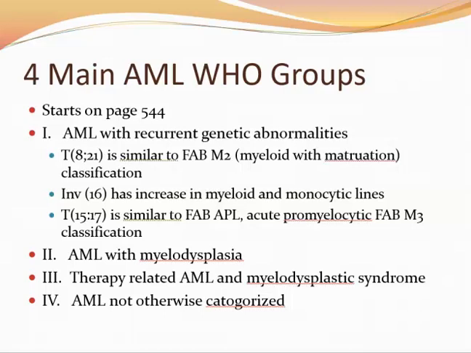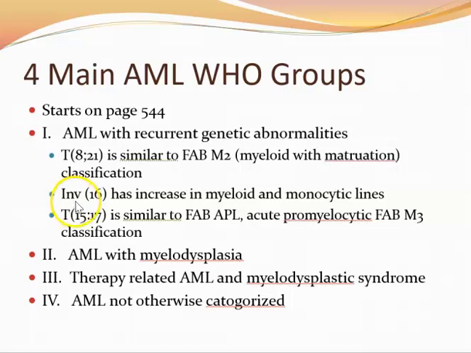The first classification is AML with recurrent genetic abnormalities, and you have a translocation. That's what the T stands for, translocation of 8 and 21, and it's similar to the FAB classification M2 with myeloid maturation. You also can have an inversion.